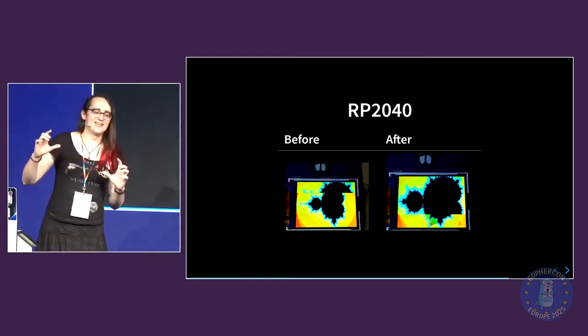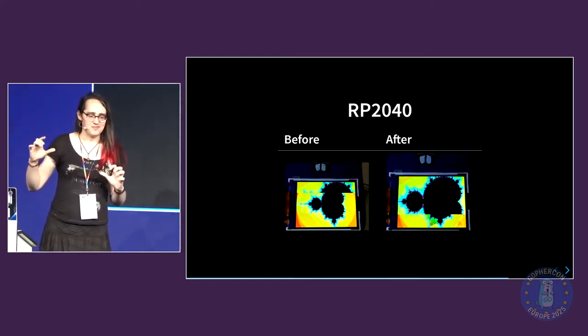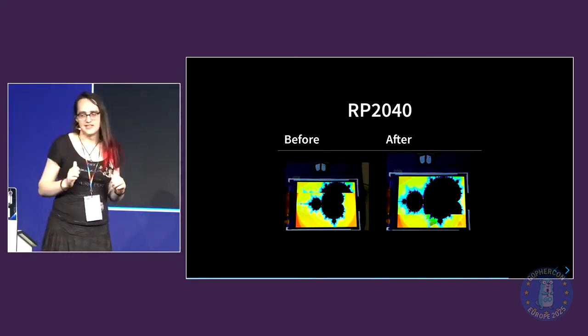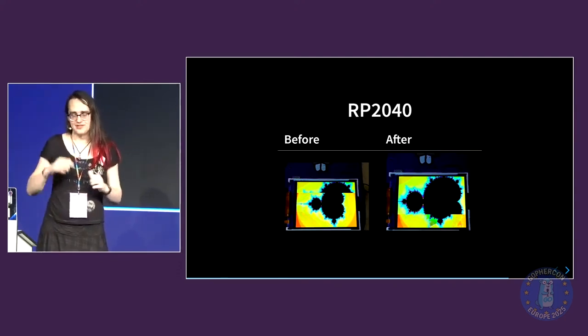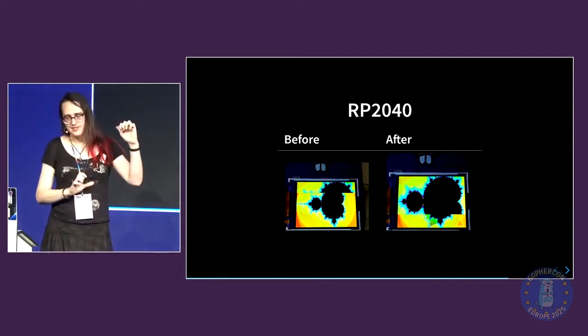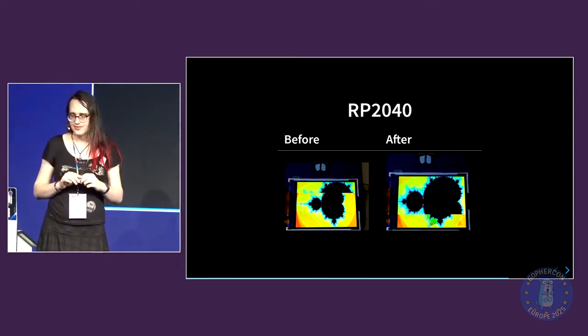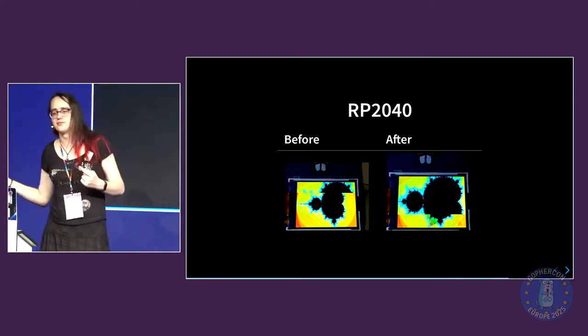Calculating the fractal is quite computationally expensive. That's why it takes a while to render the whole screen when you move around. So one solution is parallelizing it across both cores.